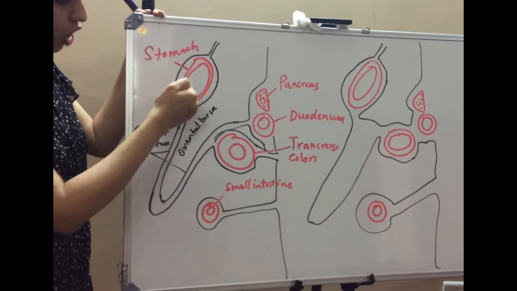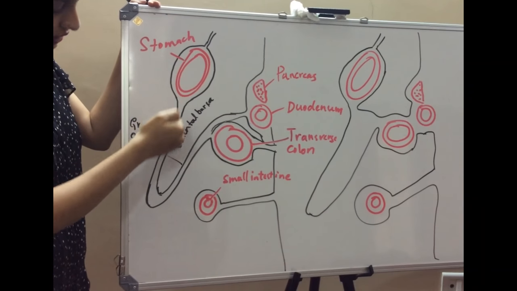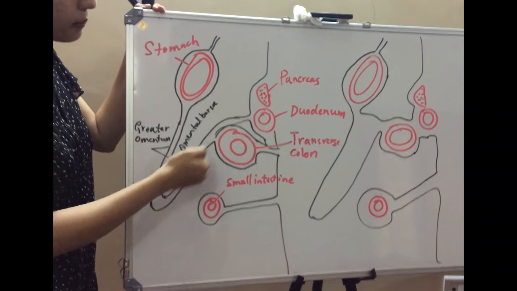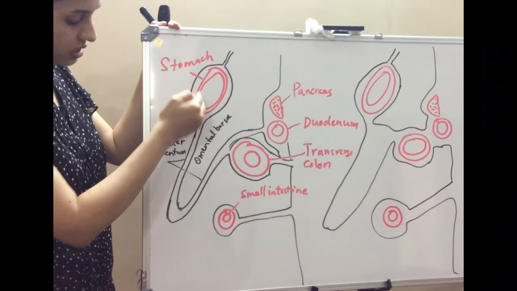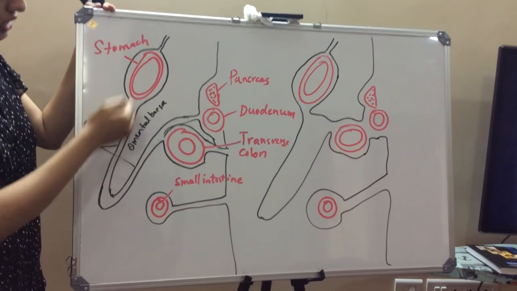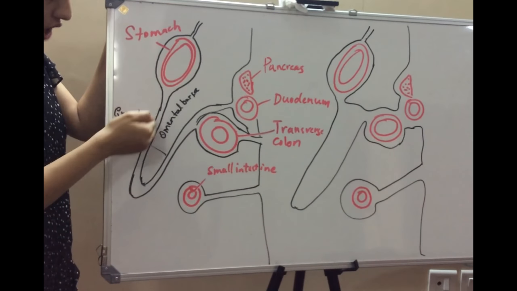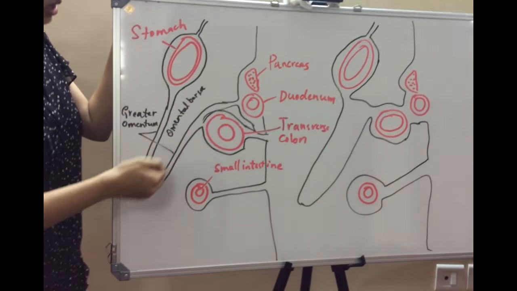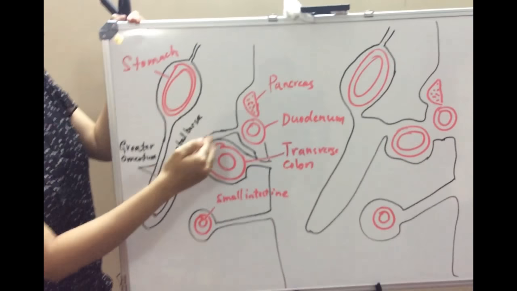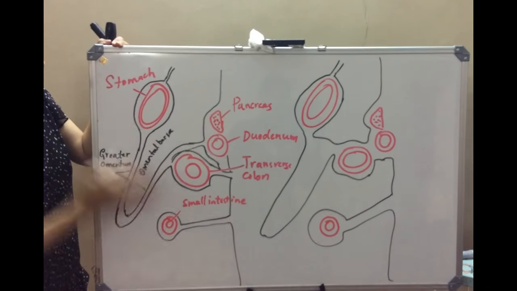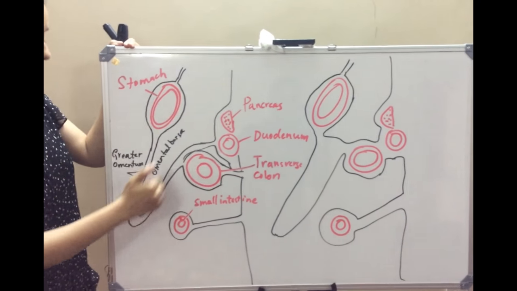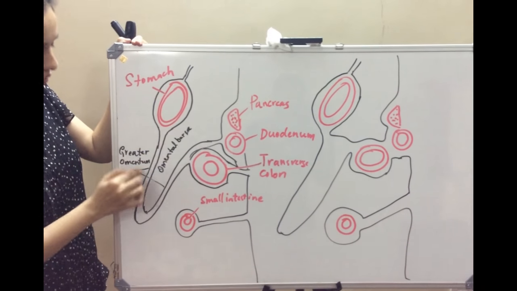They elongate and grow further and form a double sheet structure which has 4 layers. You can see here, this is initially during development. They form a long sleeve. This sleeve covers the transverse colon and even the loops of small intestine. So they cover that and form a double sheet having 4 layers.